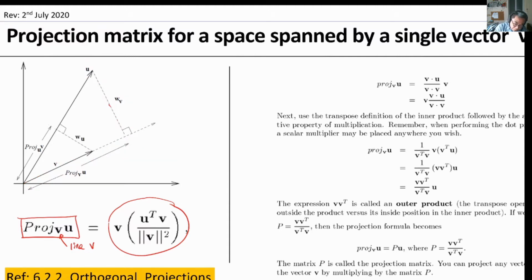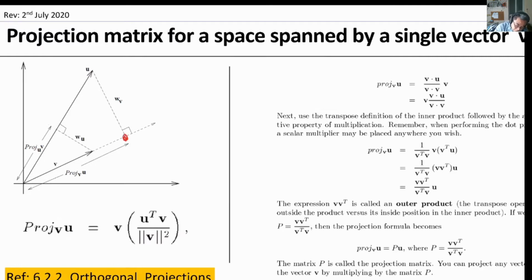If we try to land u onto any other place along the space of V, for example here and here, the error would be larger than this error. Let us try to interpret this point.